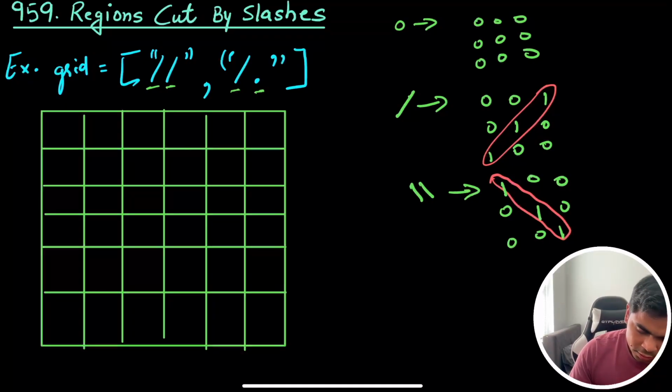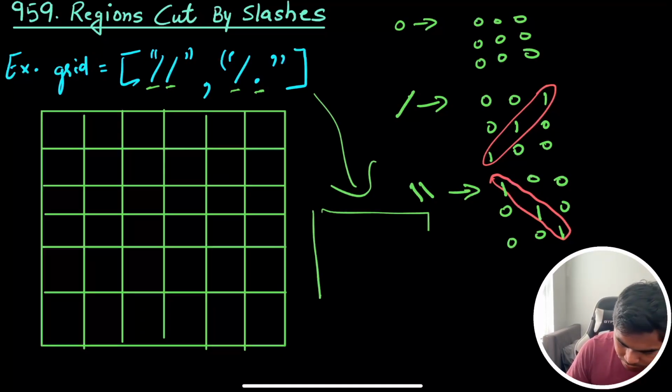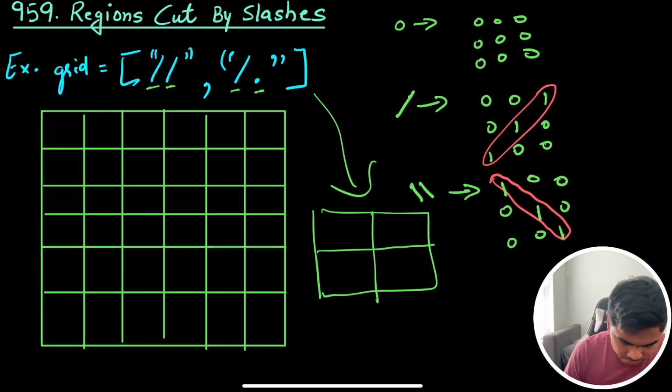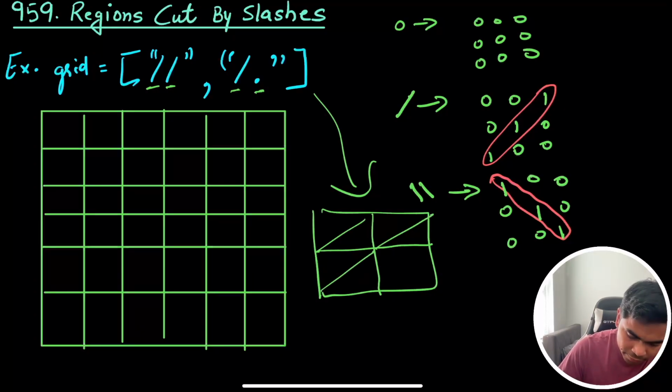All right, so just like in this example, if we convert the 2x2, so I had /, I had /, and then empty, and I was basically having 3 shapes.